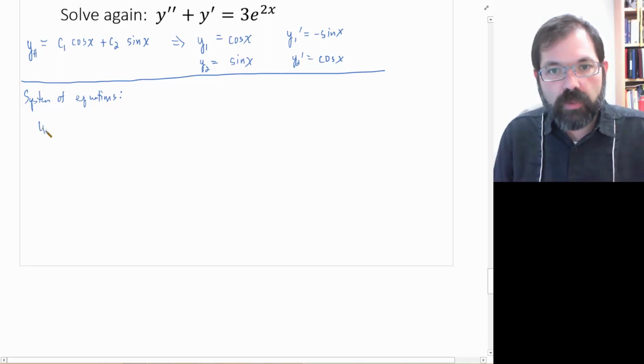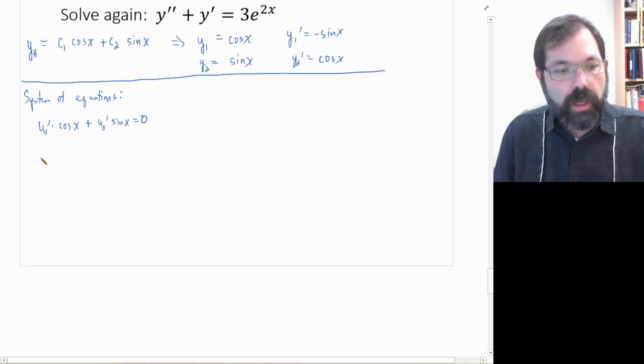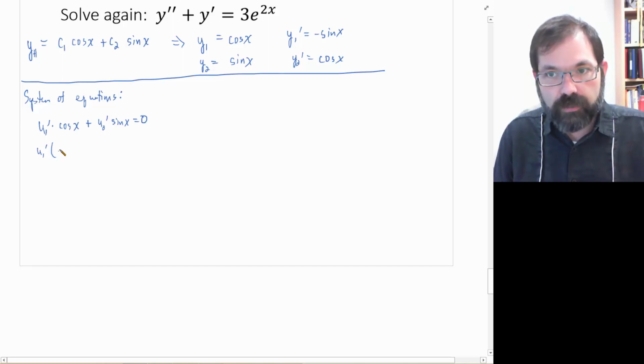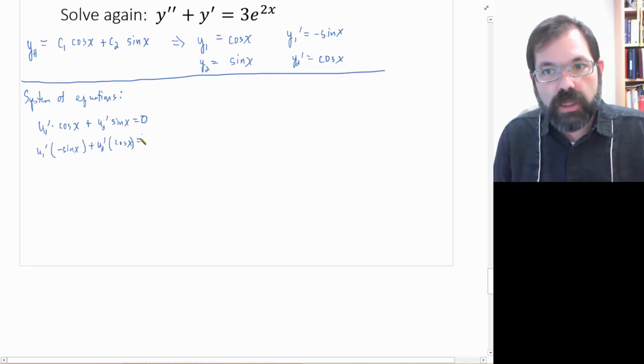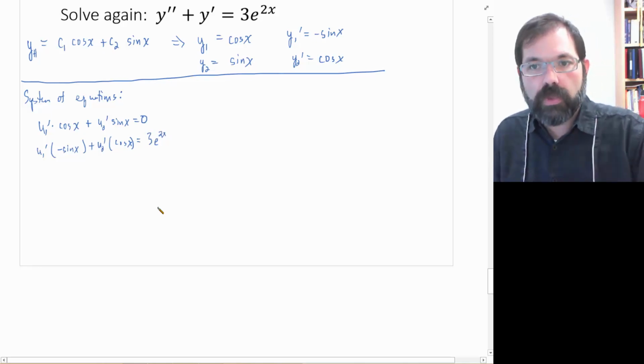So I've got u1 prime times cosine x plus u2 prime times y2, sine x, must equal 0, and u1 prime times the derivative of y1, so negative sine x, plus u2 prime times the derivative of the sine x, so cosine x, must then equal the 3e to the 2x, the f of x.